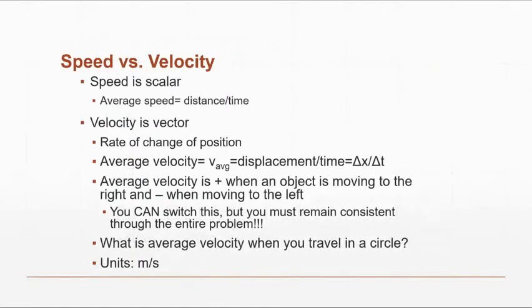Okay. Speed versus velocity. So speed is your scalar value, and your average speed is your distance divided by time. Velocity is your vector. Your velocity, by definition, your average velocity is the rate of change of position. So the rate at which your position is changing. Okay. So in this case, we have that our average velocity, V, is equal to change in position divided by change in time.